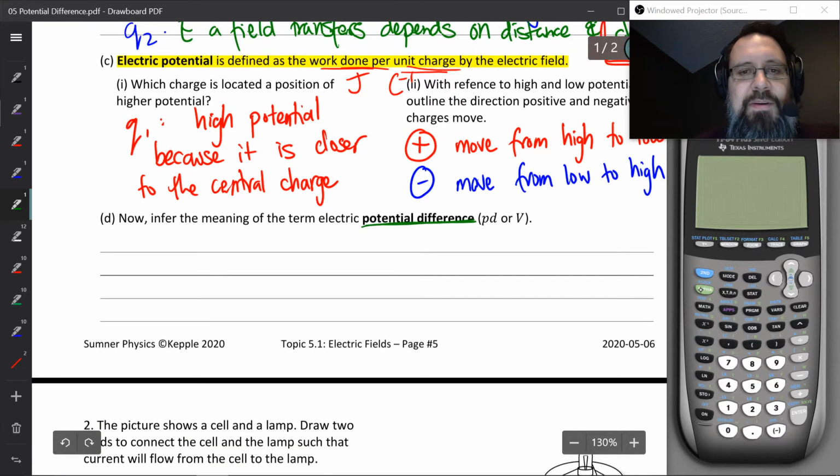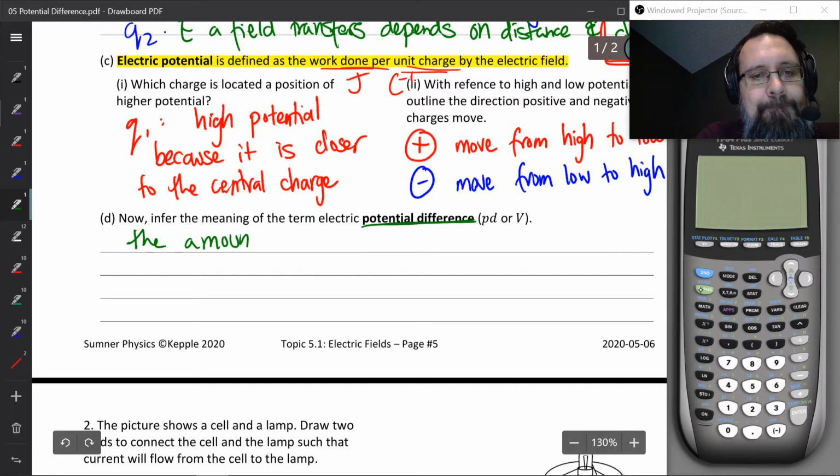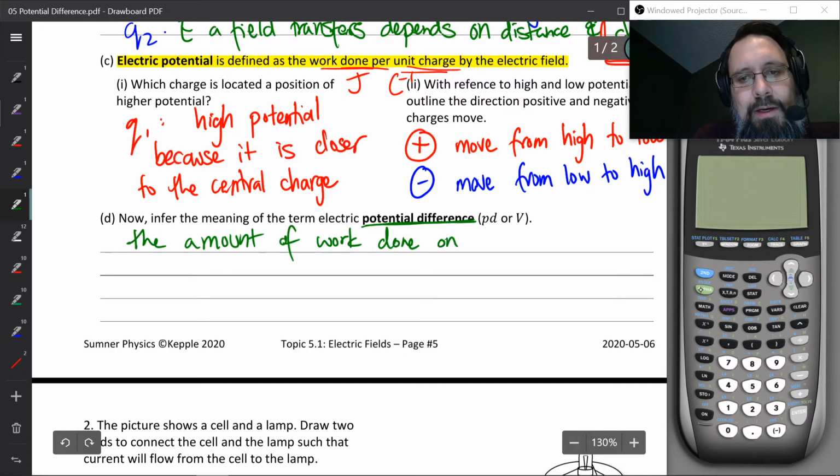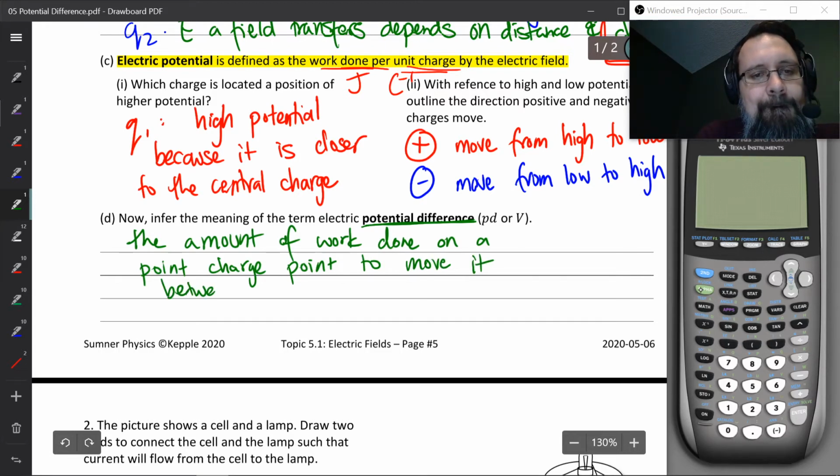So potential difference is defined as the amount of work done on a point charge to move it between two points.